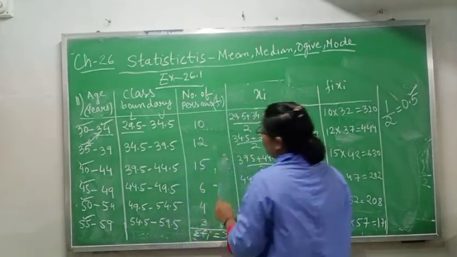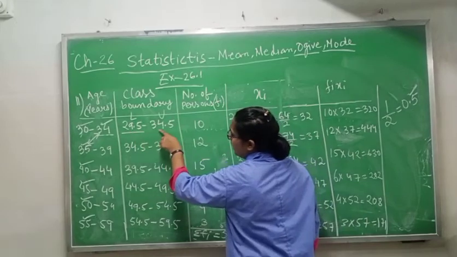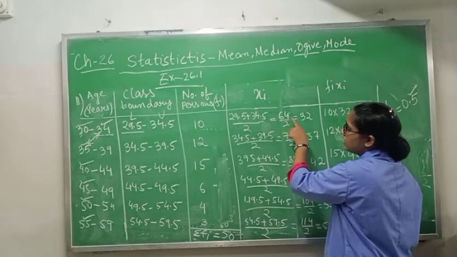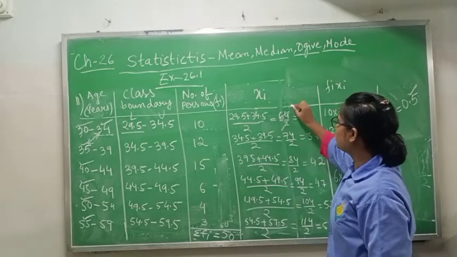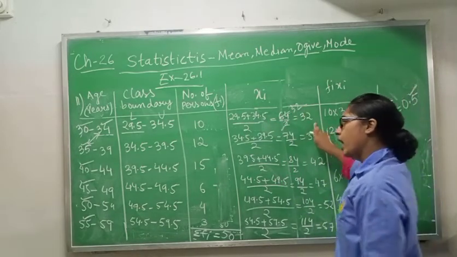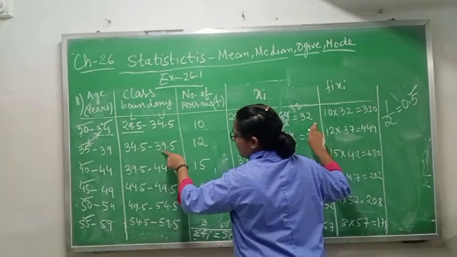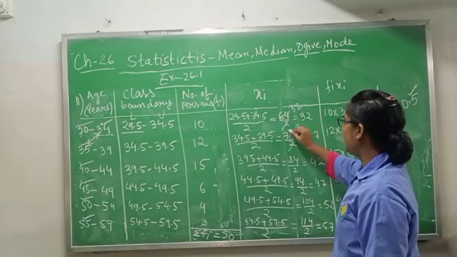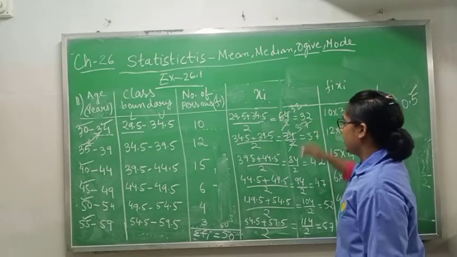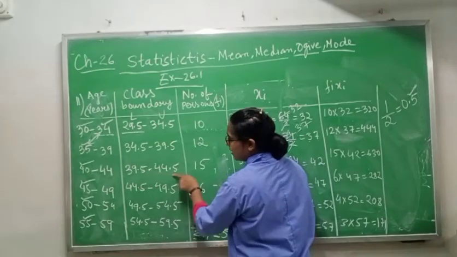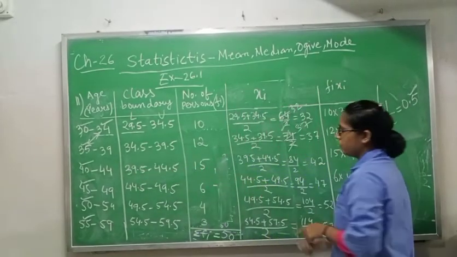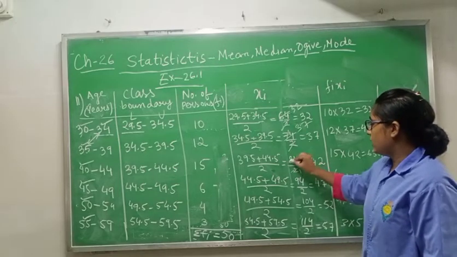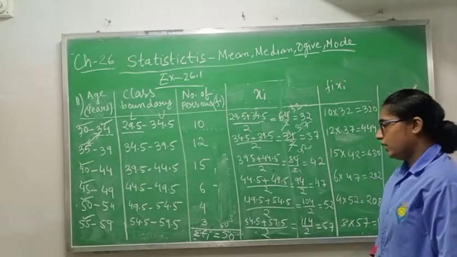Lower limit plus upper limit or upper limit plus lower limit, both are the same. So add 29.5 plus 34.5 and divide by 2. When you add, you get 64 by 2, which is 32. Again, 34.5 plus 39.5 divided by 2: 74 by 2 is 37. Now 39.5 plus 44.5 by 2: 84 by 2 is 42.